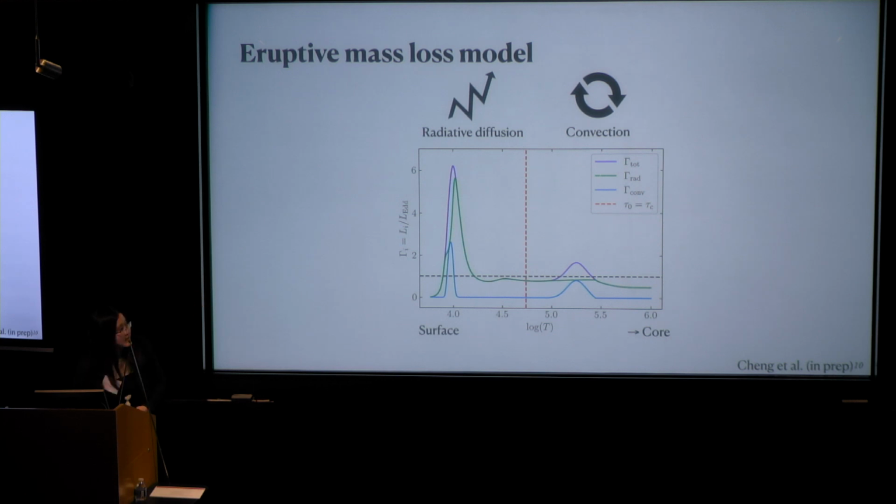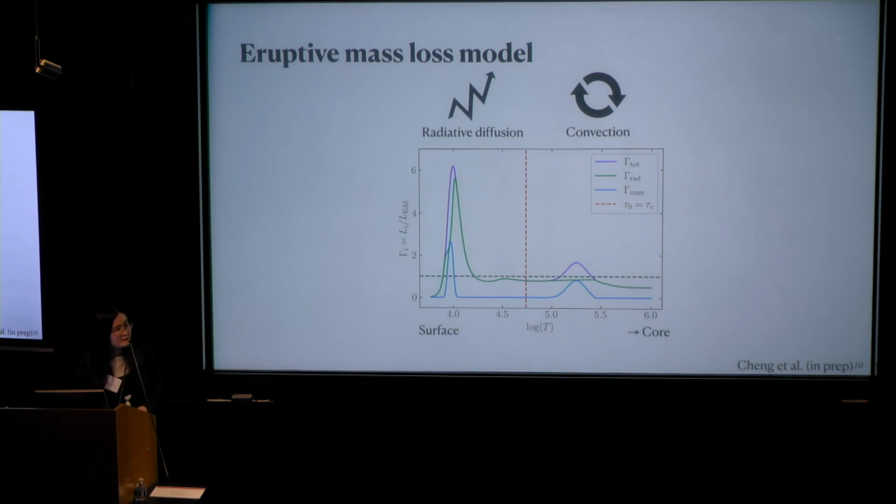And the red dotted line here separates regions of the star where diffusion dominates versus where convection occurs. Towards the left of the red line is where radiative diffusion can actually carry energy, and towards the right, convection is very efficient and traps energy. The black dotted line is where the ratio is 1.